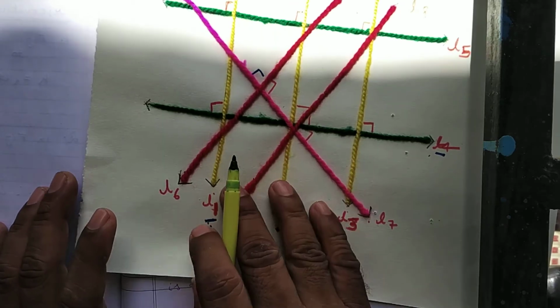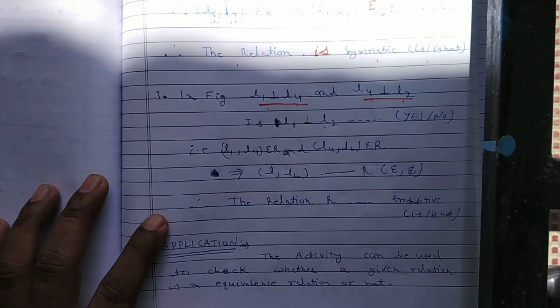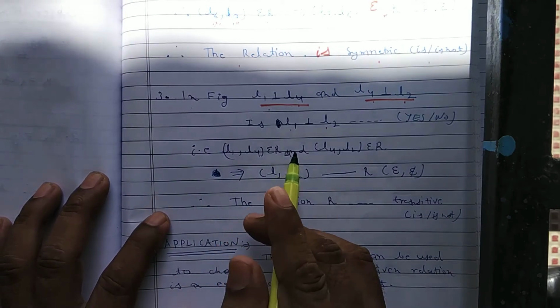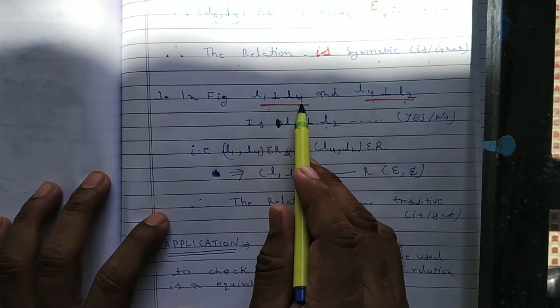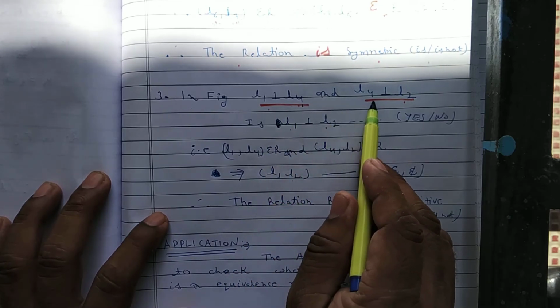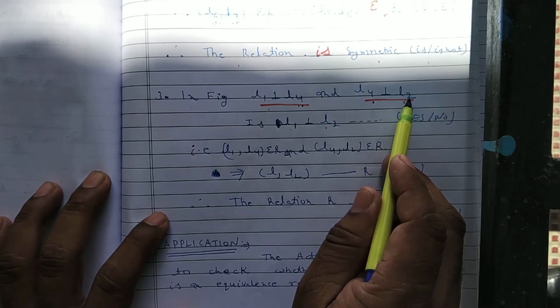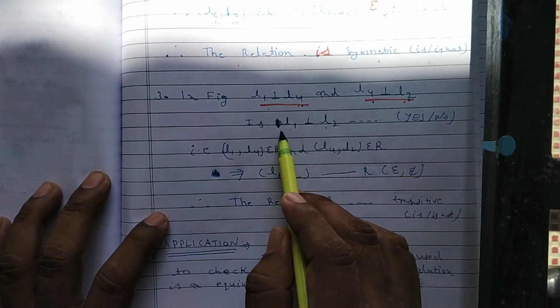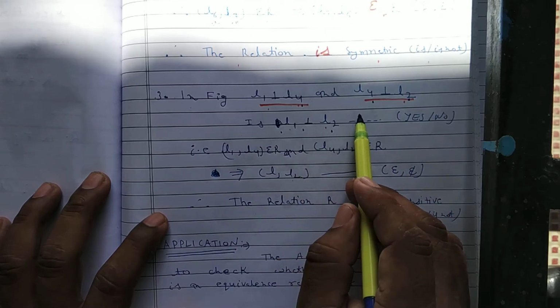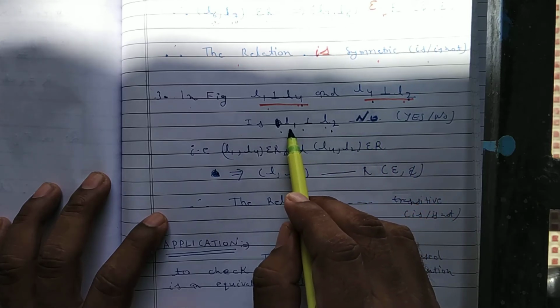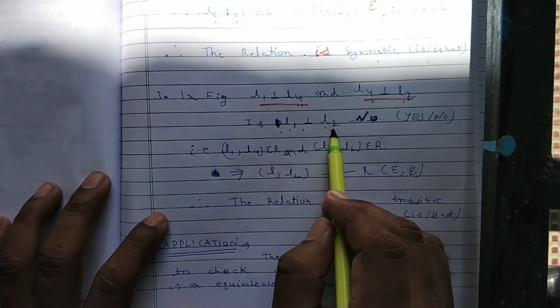What did I write? L1 is perpendicular to L4 and L4 is perpendicular to L2. Is L1 perpendicular to L2? No, L1 and L2 are parallel.